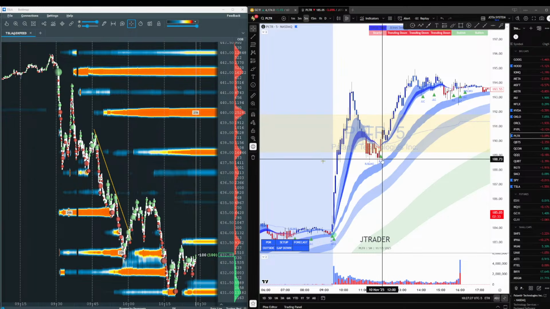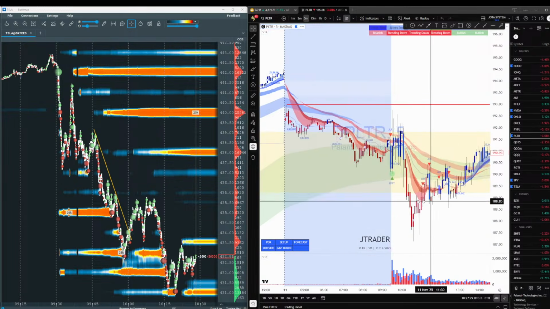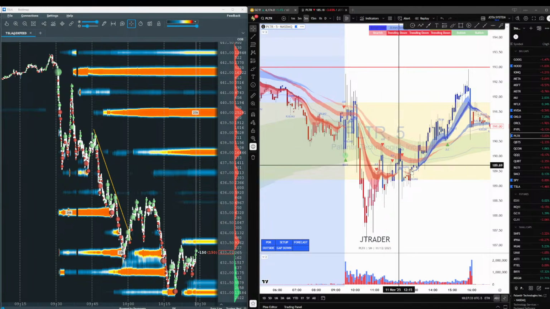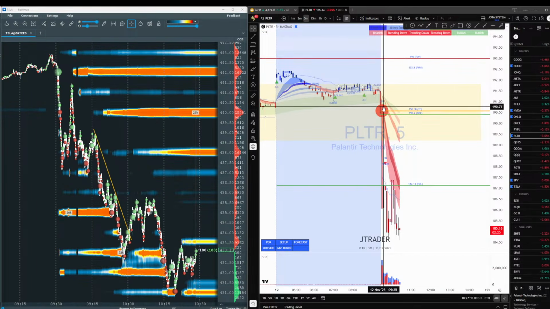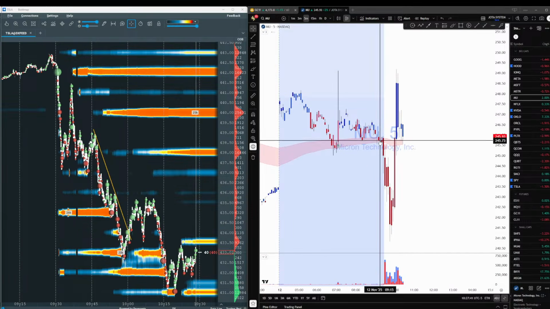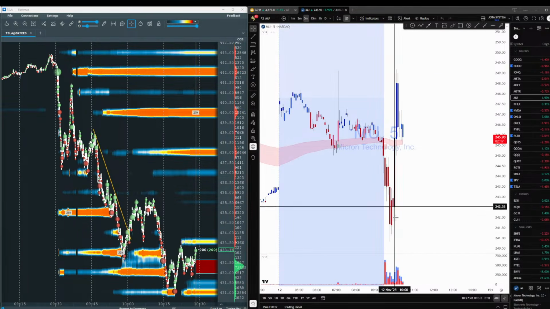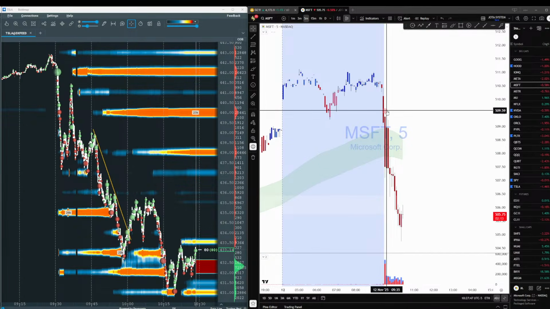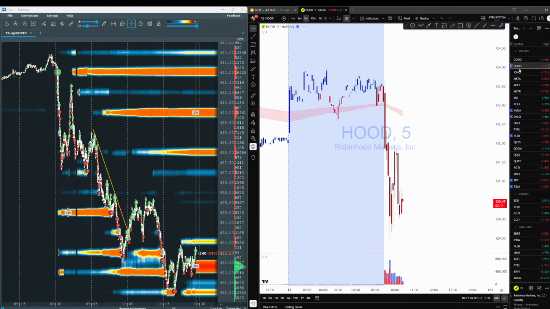So I just followed the system and Bookmap, and that's it. This was a long yesterday, and then nothing. This was a stop play. This morning was a very good short play. NVIDIA, short play. MU, you see this red short play, and then nothing. Short play, and then nothing.